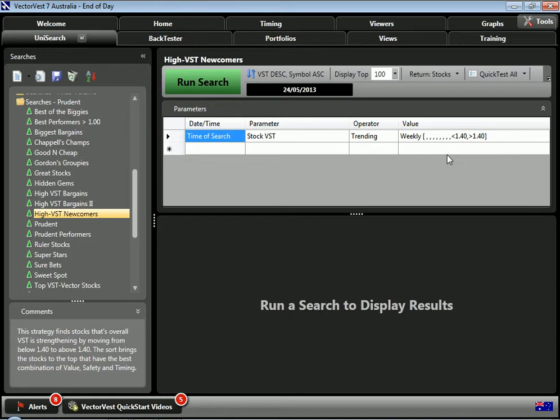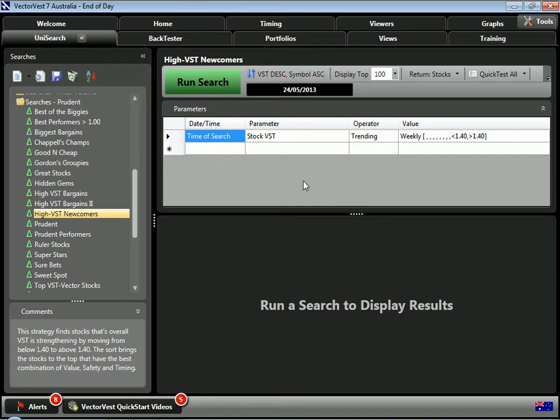The stocks that are meeting that criteria are then sorted by VST to bring the best to the top of the list. So this search, in conjunction with that DEW timer, gives us a great opportunity to buy a rising stock in a rising market.